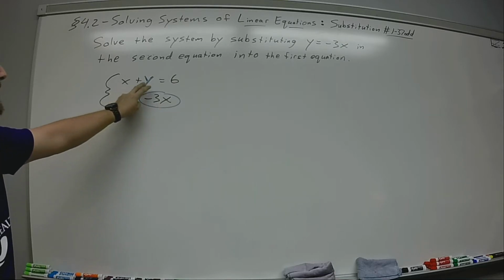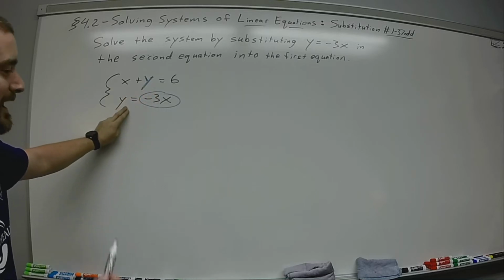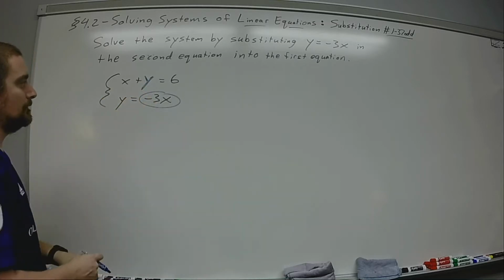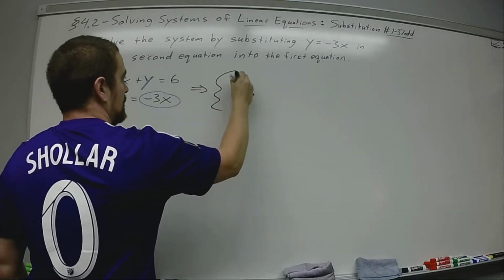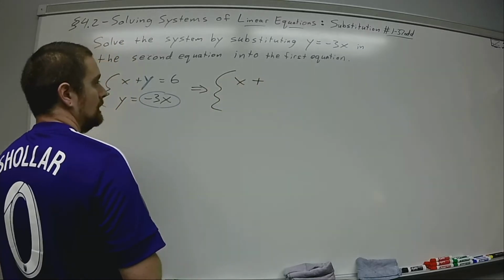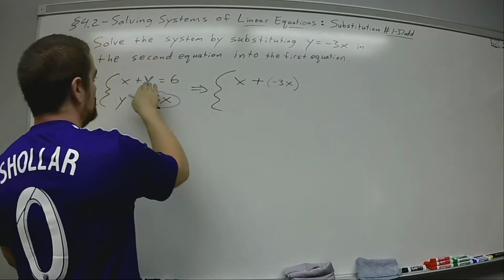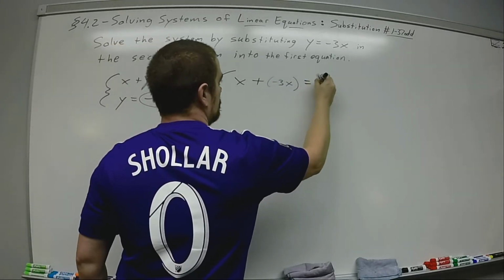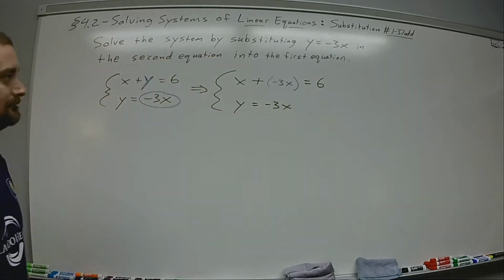There's no reason for me to have an x and a y in this first equation when I already have the knowledge of what y is. I can simply rewrite this system by substituting in negative 3x wherever I see y. Right, because I already know that.